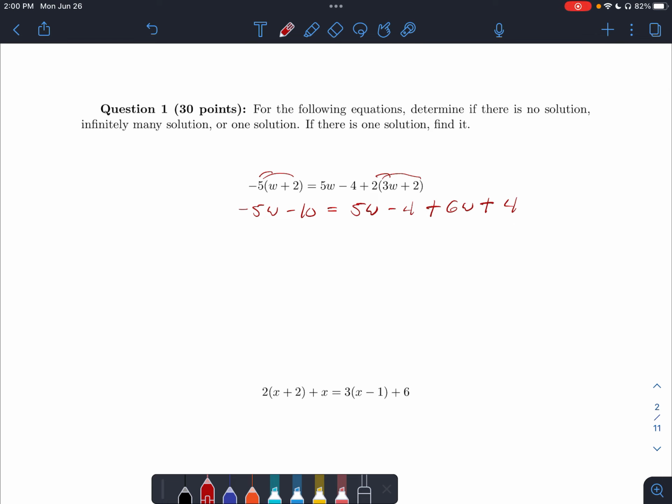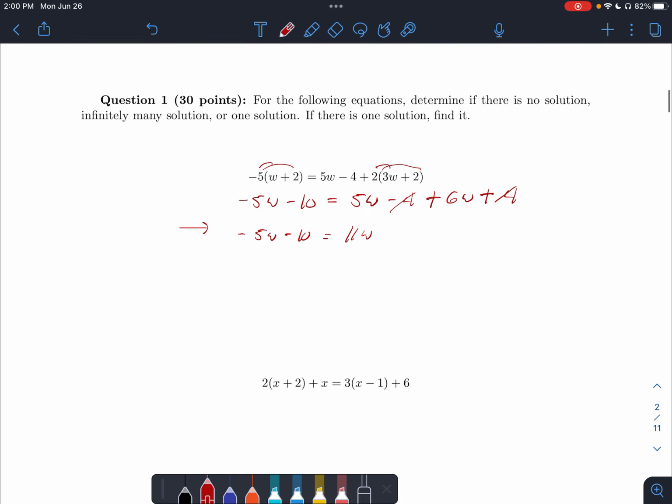Okay, so let's see if we can collect all of our terms on the right hand side. So we'll have negative 5w minus 10 is equal to, here we have 5w and then 6w, so we have 11w. We have minus 4 and plus 4, so these are actually going to cancel. That's nice. So we're just left with 11w on the other side.